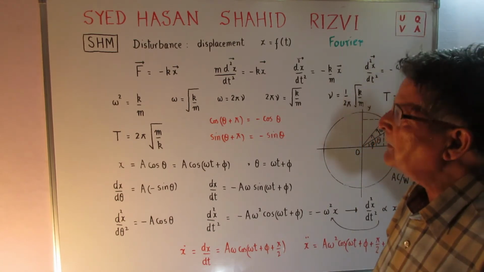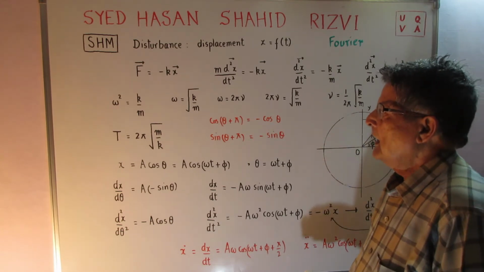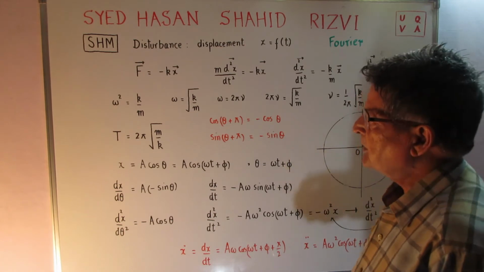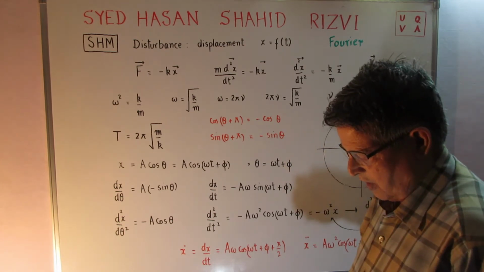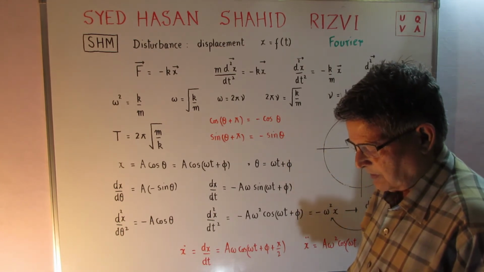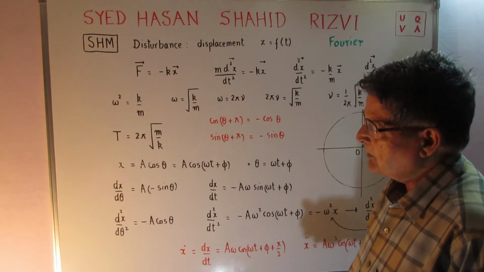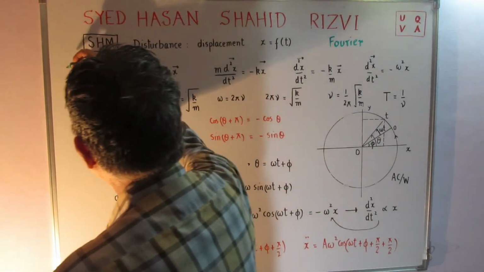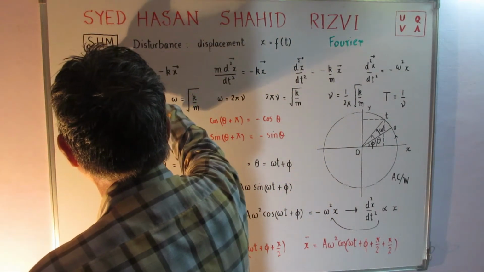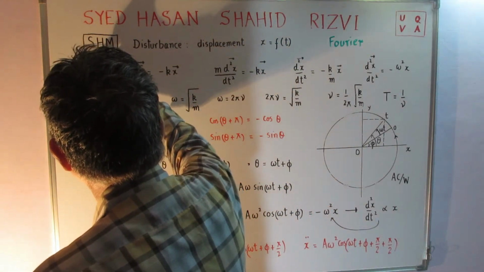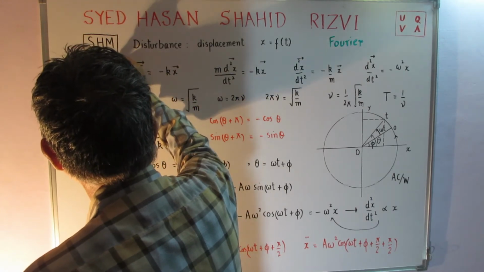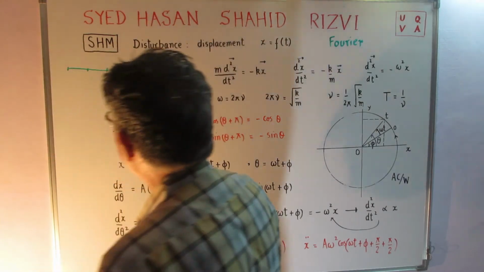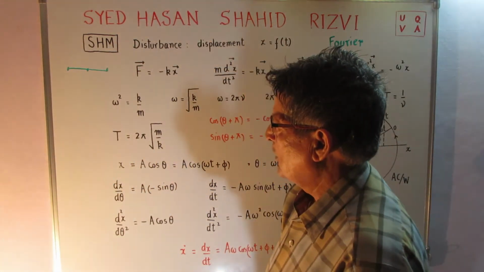mathematical description. Well, as I told you, the key word is disturbance, and disturbance in this case is from an equilibrium position. For example, if I have a straight line motion about this equilibrium position, these are the ends, and there is a motion to and fro between these 2 points.